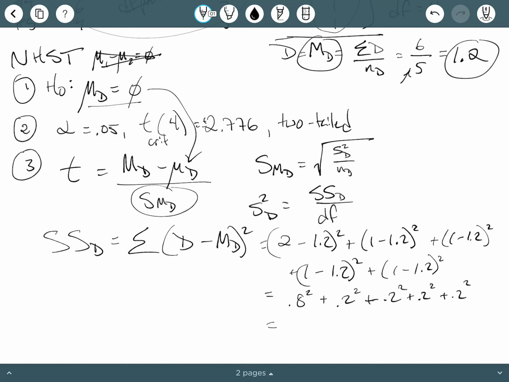So 0.2 squared is actually 0.04. And 0.8 squared is 0.64. So 4 0.04s is 0.16.